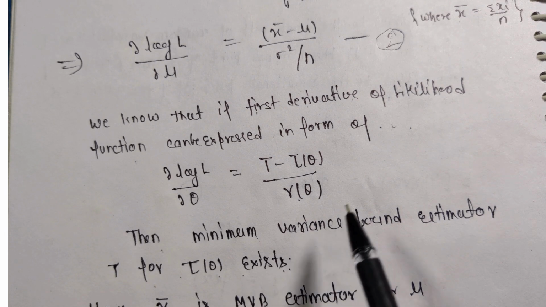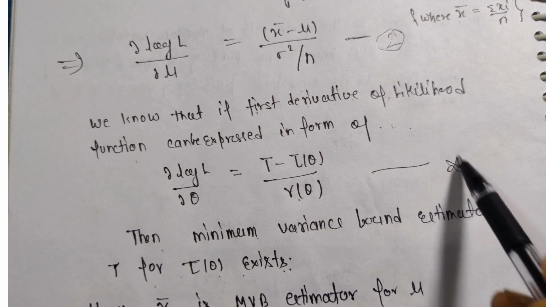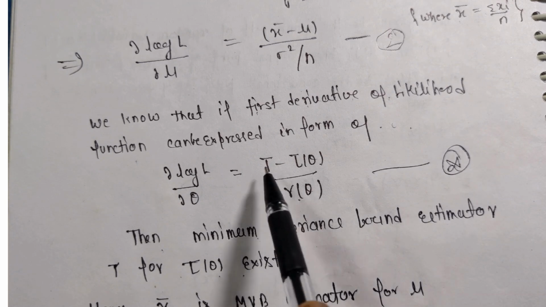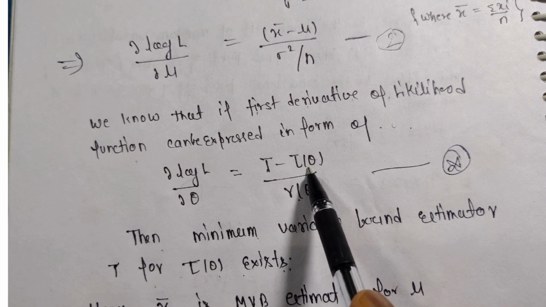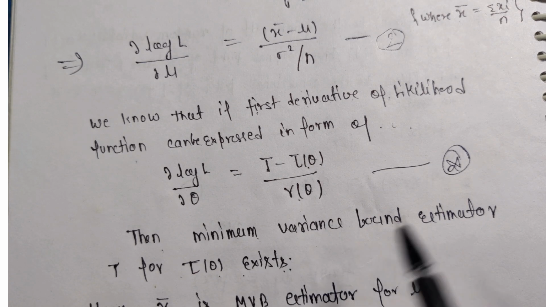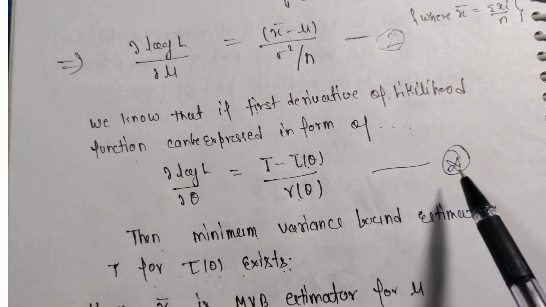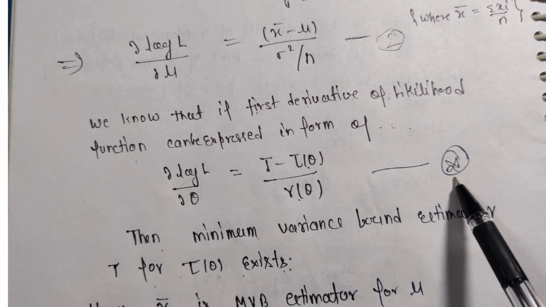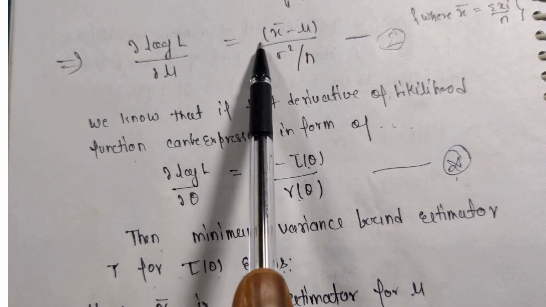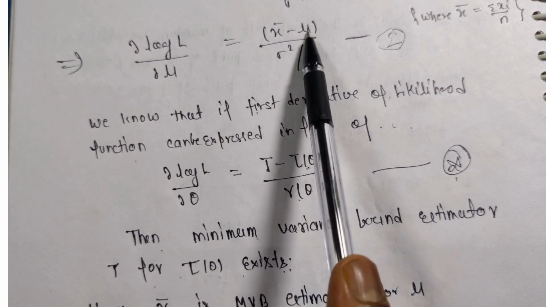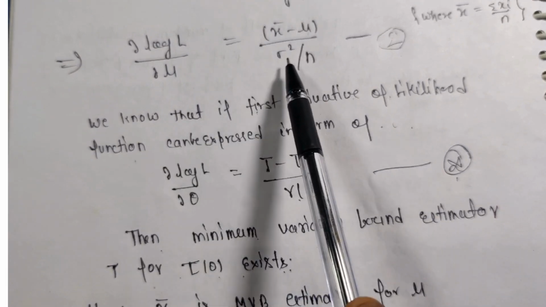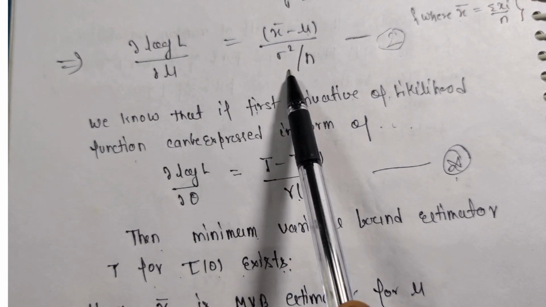Okay, and this is equation number star. In this equation, t is an unbiased estimator for tau theta. Now you can compare equation number 2 with equation number star, and you can see here in place of t we have x bar, in place of tau theta we have mu, and in place of gamma theta we have sigma square by n.